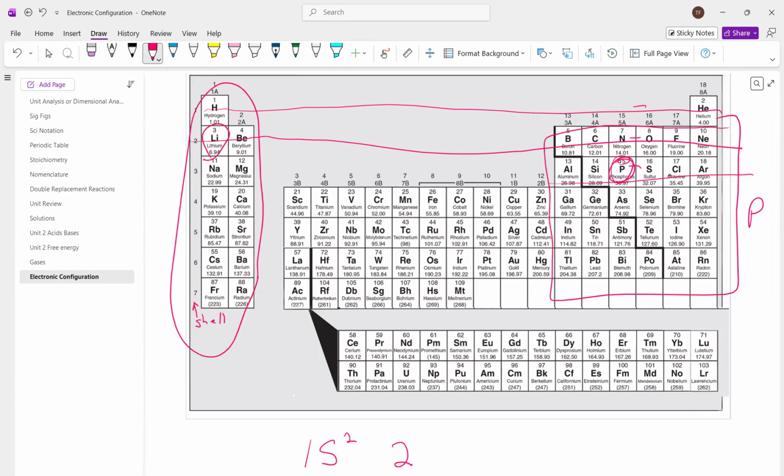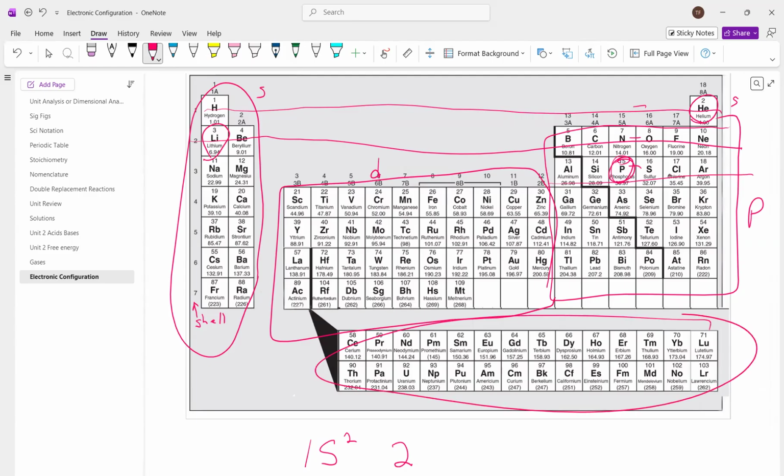These are S's, including this one here. And these are Ds. And these are Fs. Because you need to know that as we go along the journey.